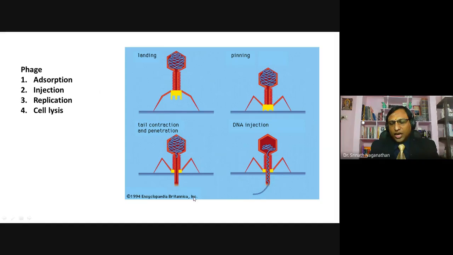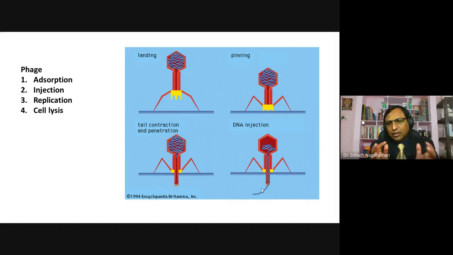After the injection is done, once they have entered, they use the cell's machinery for replication and transcription, producing various copies of their own DNA as well as the capsid and their structures.